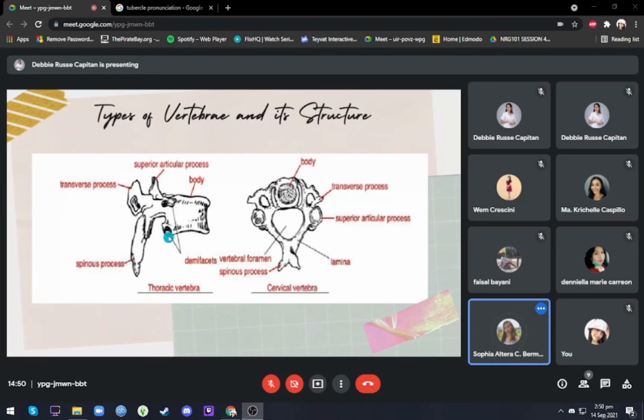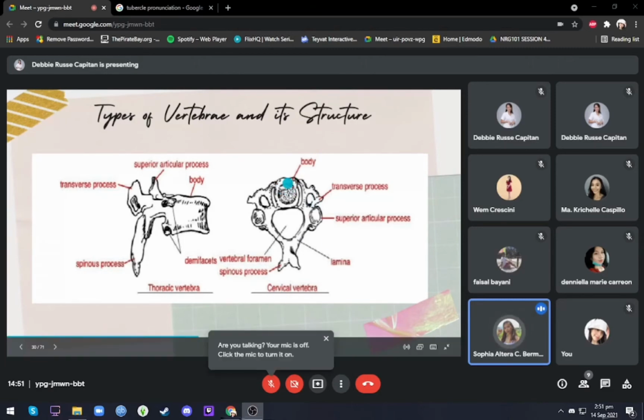Also this one is the demifacets, and this is the thoracic vertebra. Next is the vertebral foramen and the spinous process. This is the lamina, and this is the superior articular process. This is the transverse process, and this is the body. That's for the cervical vertebra.